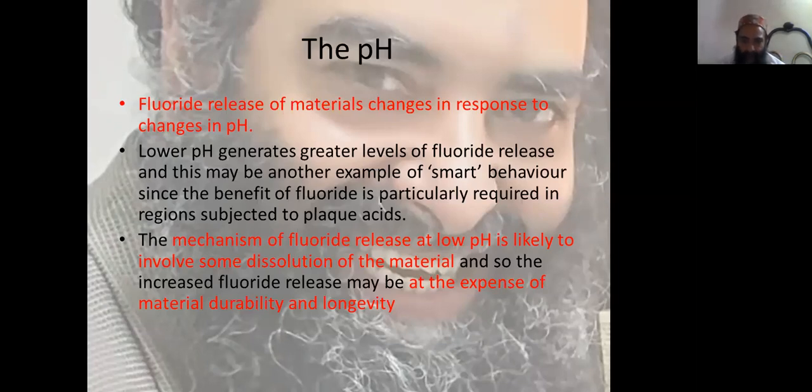Since the benefit of fluoride is particularly required in regions subjected to plaque acids, the mechanism of fluoride release at low pH is likely to involve some dissolution of the material, and so the increased fluoride release may be at the expense of material durability and longevity.